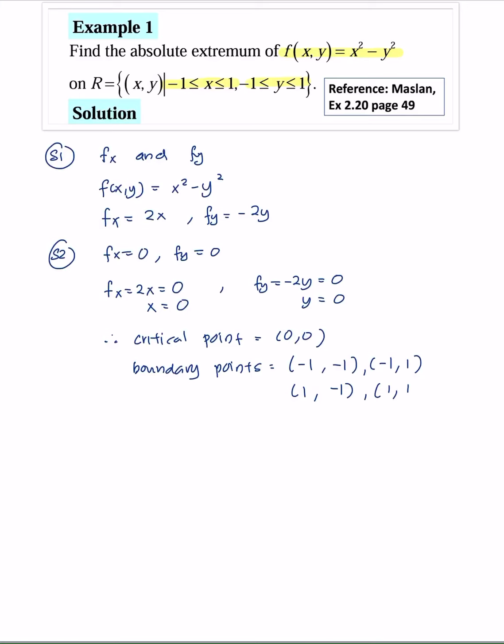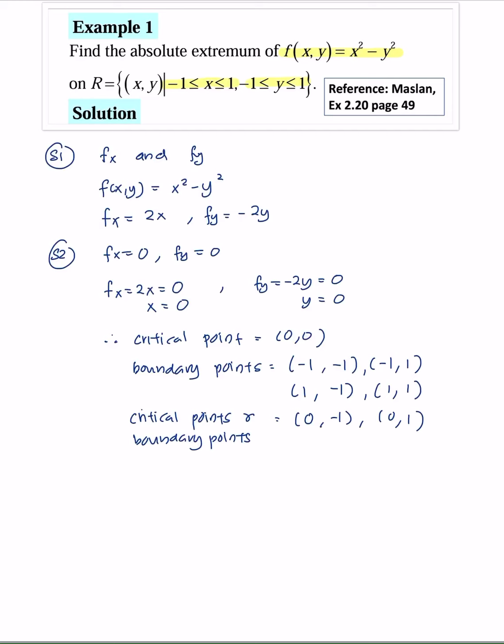How about the critical point and the boundary? For critical point x equal to 0, the boundary for y can be negative 1 and 1.